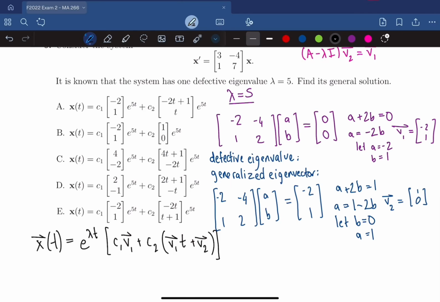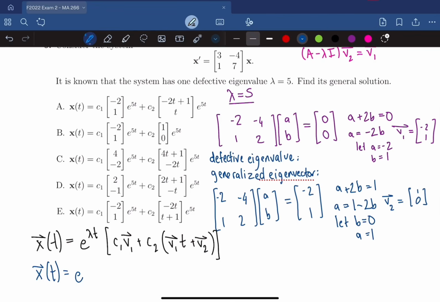So when you have a repeated, defective eigenvalue, you're going to have your v1 in your second term as well. You're going to multiply it by t, and then add the generalized eigenvector in there. So this is what that looks like.